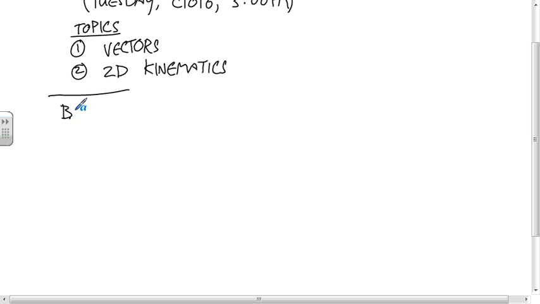So back to kinetics of particles. Where we are so far with this is we have talked about the most important equation in this class.